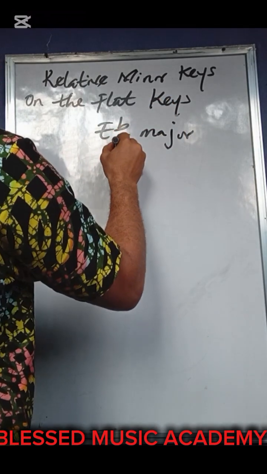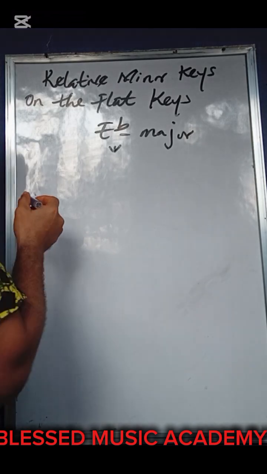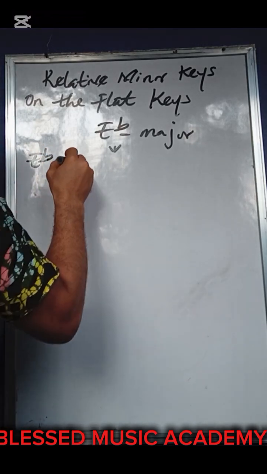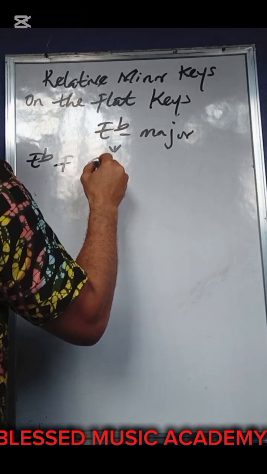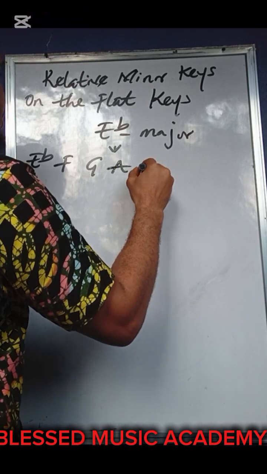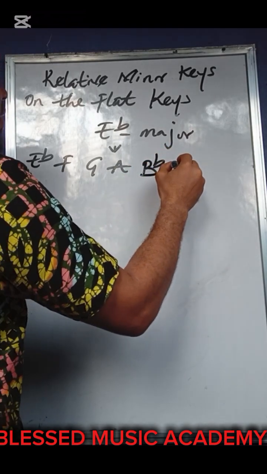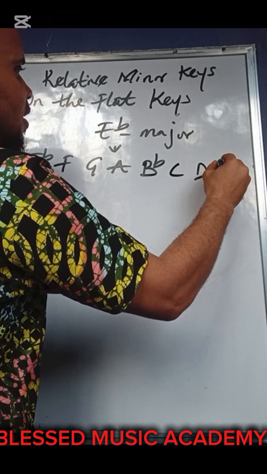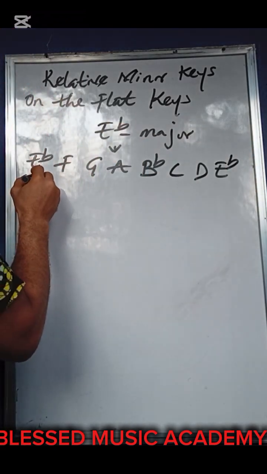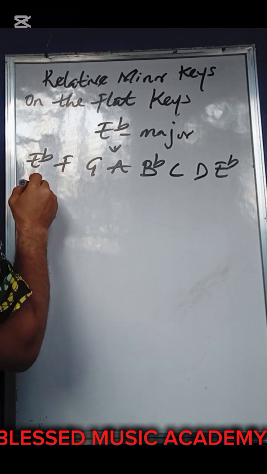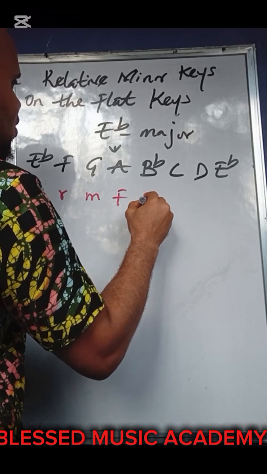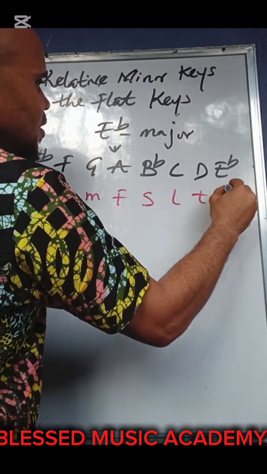So our E flat major will be E flat, F, G, A flat, B flat, our B is already flattened, C, D, and E flat. This is the same thing as do, re, mi, fa, sol, la, ti, do.